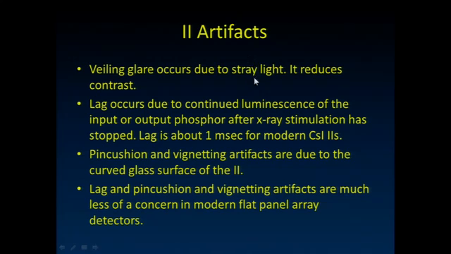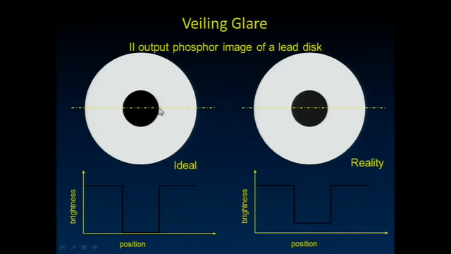Even our current ones suffer from lag. They're not as quick as movie cameras, so as things move, we see a little persistence and the motion lags behind a little. They also have something called veiling glare. Ideally, what struck the input phosphor should look like this, but by the time it hit the output phosphor there was a little reduction in contrast, because some of those electrons may have strayed off path and reduced the difference.